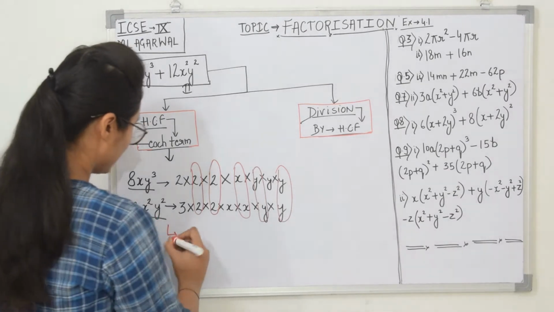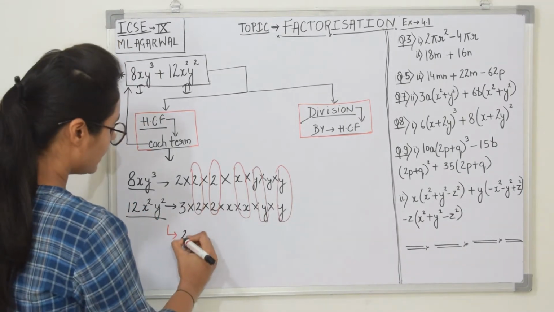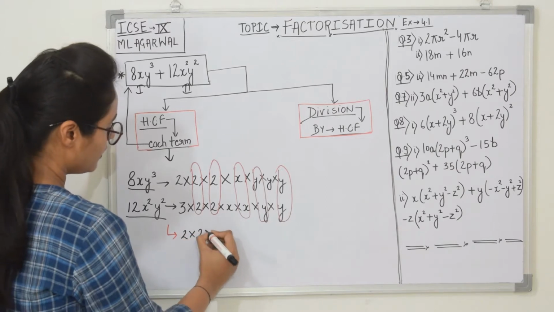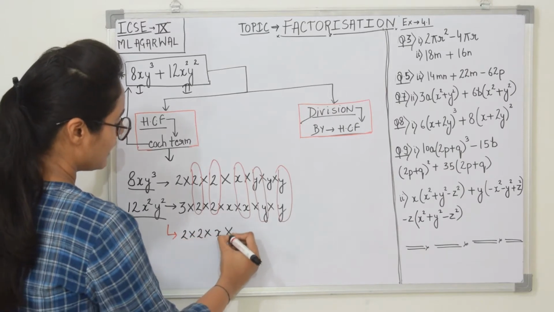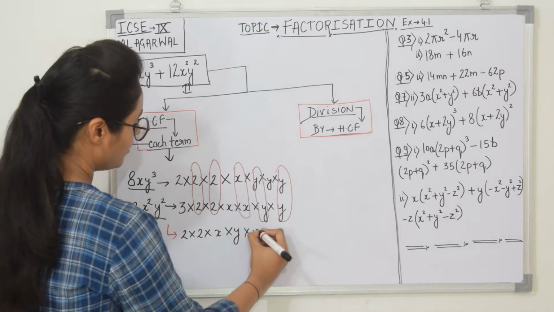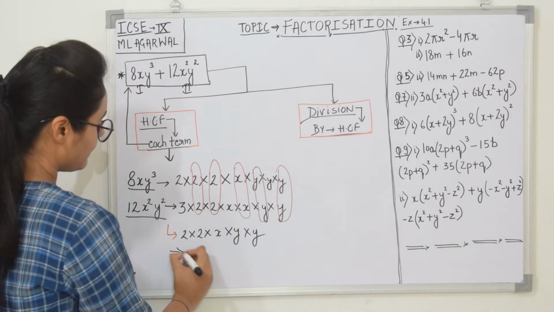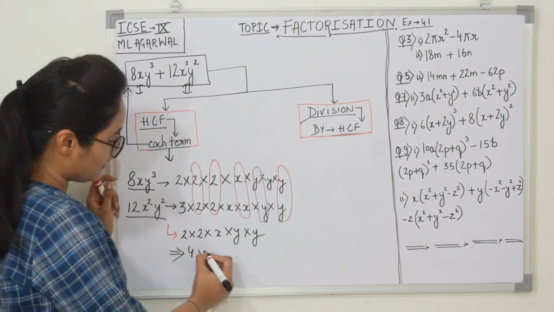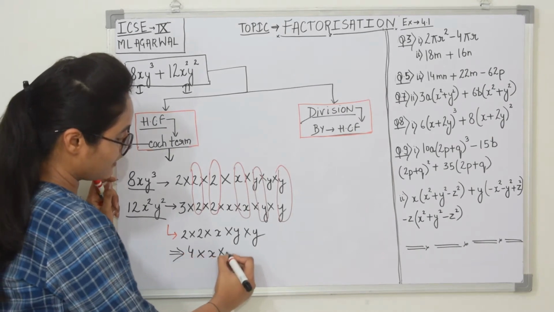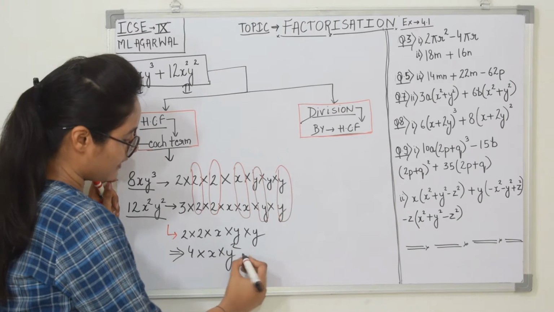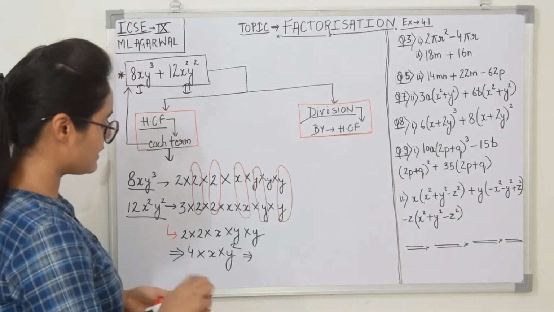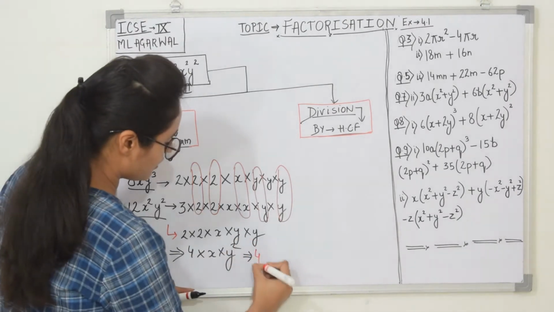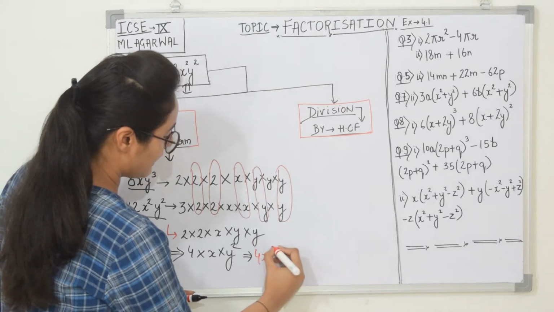Now writing them, you will get 2 into 2 into x into y into y. Multiplying them as a whole, 2 2s is 4, then x, and then y square. So basically the HCF which you have got here is 4xy square.